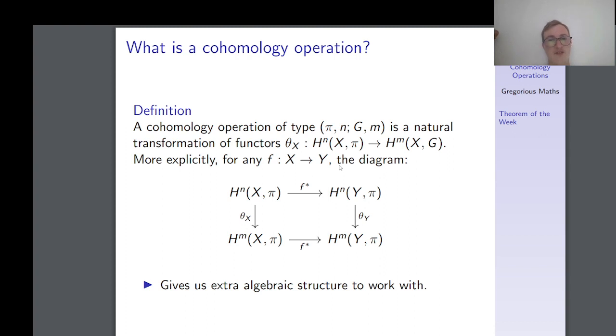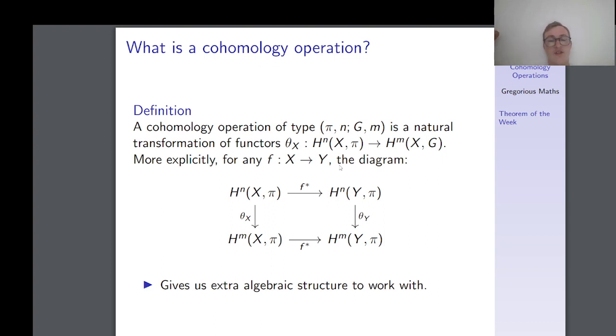This ring structure is given by the cup product. But we can get even more structure by not only talking about the cup product, but an infinite family of operations, of which the cup product is just one example.